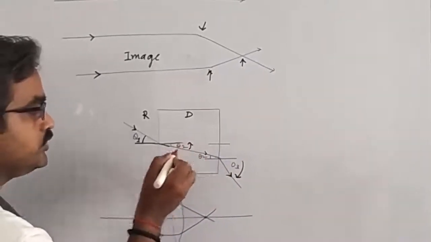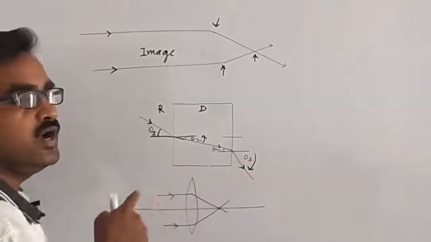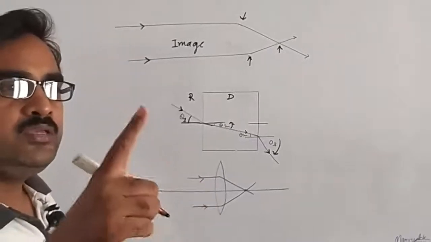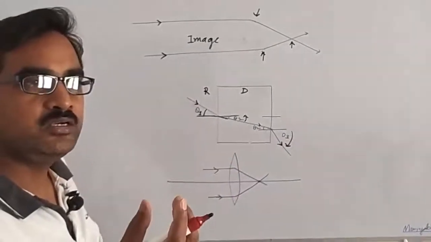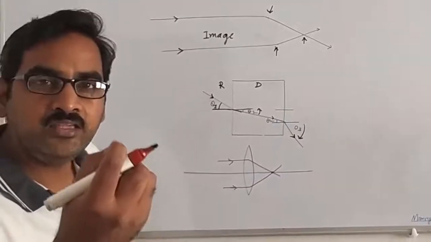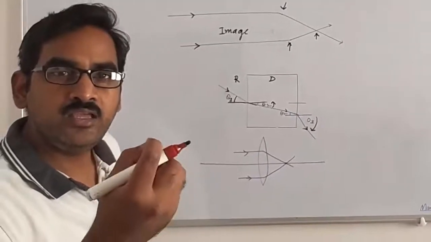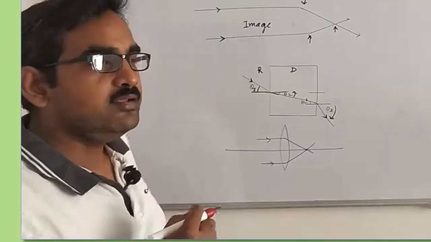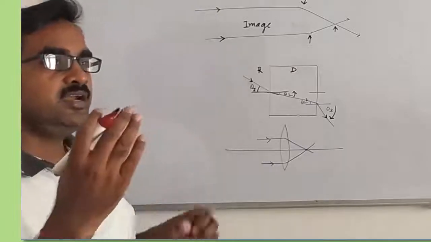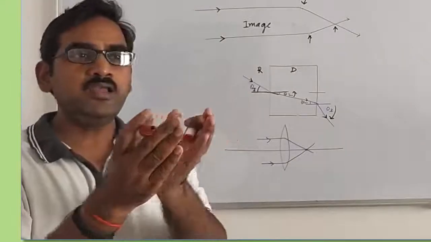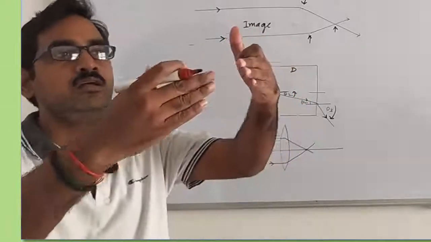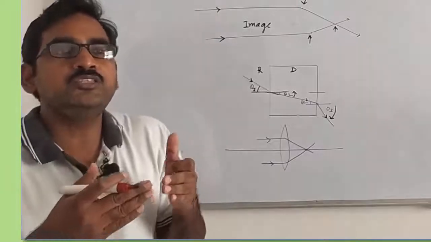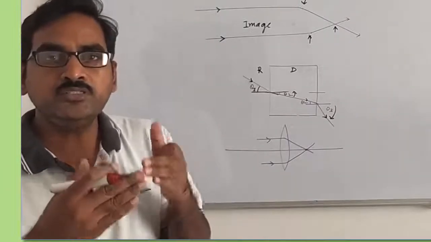Here it is going close to the normal, but here it is going away from the normal. So now it is clear, if we place a certain object which has a higher refractive index than air, then it can bend light. Now we understand that a denser medium can bend light, but where will the rays cross each other or meet? We must know the position also.